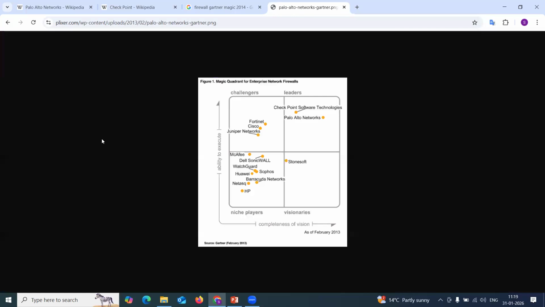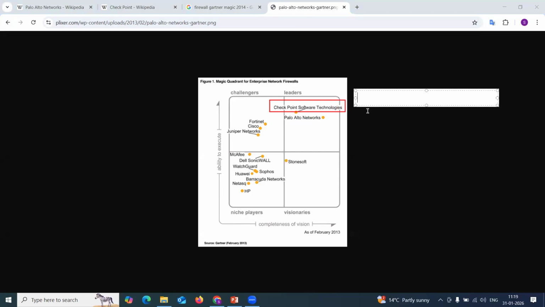In 2013, see, there was a category called leaders, challengers, niche players, right? This type of categories we had. At that time, Checkpoint Firewall was at the top. So from the beginning, Checkpoint Firewall has made its position at the top as a next generation firewall, as the topmost firewall.